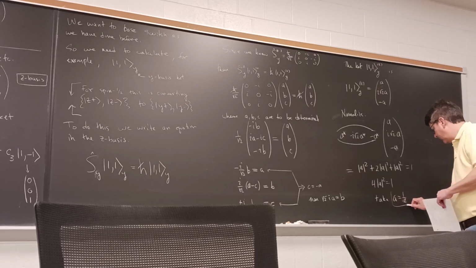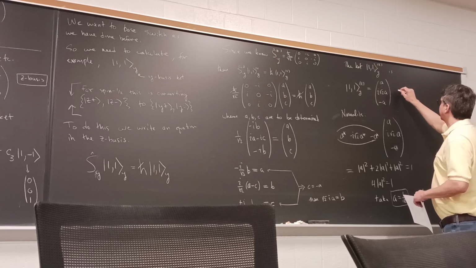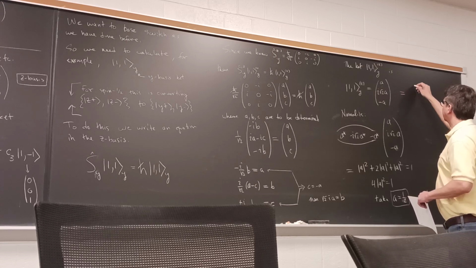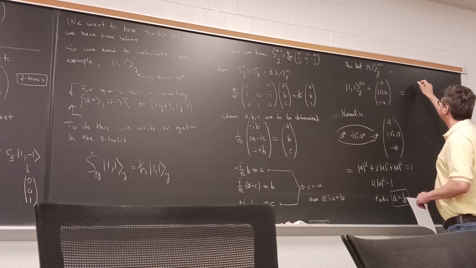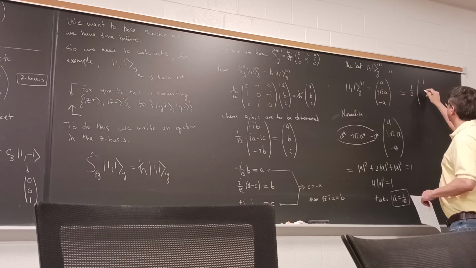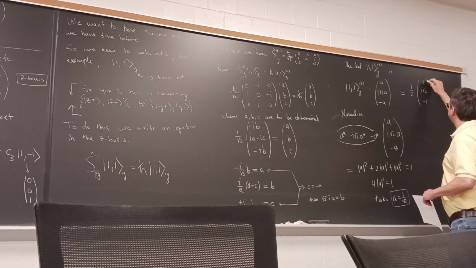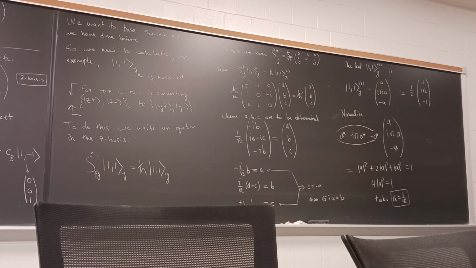Okay, so then we can write finally that this ket is just equal to 1/2 times 1, I root 2, minus 1. Okay, so that's how you determine it.